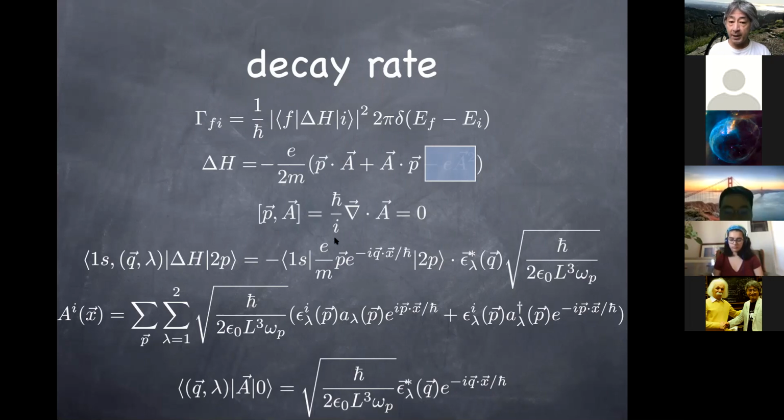So x has to be in this matrix element. I can't take this out. That's the one little complication you need to be aware of. But at the end of the day, it doesn't matter within the approximation we are going to use. But to be totally correct, I need to keep this e to the minus iq dot x factor in the matrix element in the Hilbert space of the electron, sandwiched between initial state 2p and final state 1s.